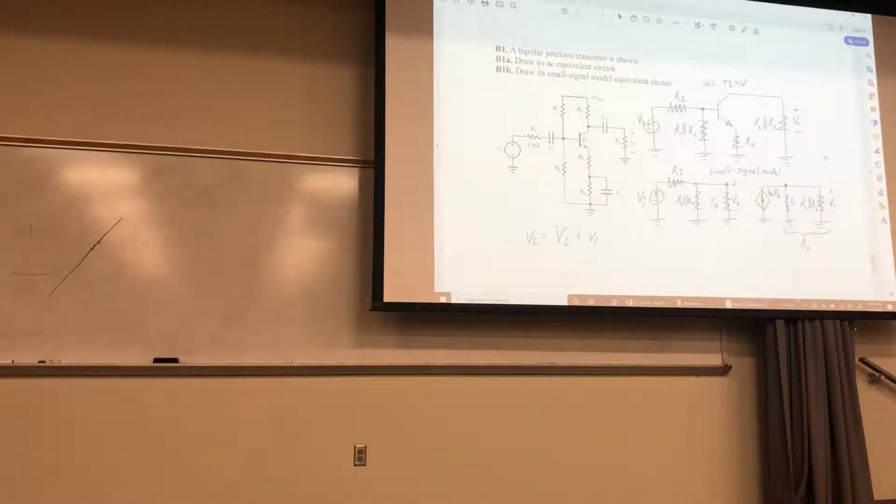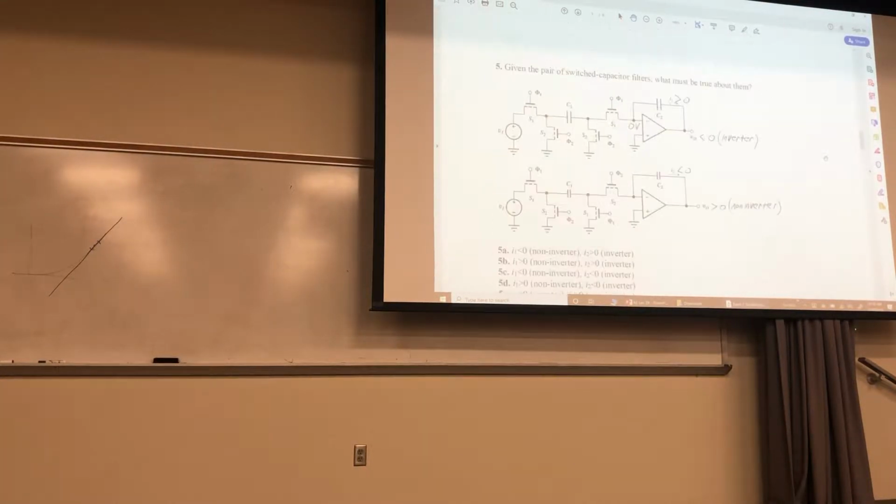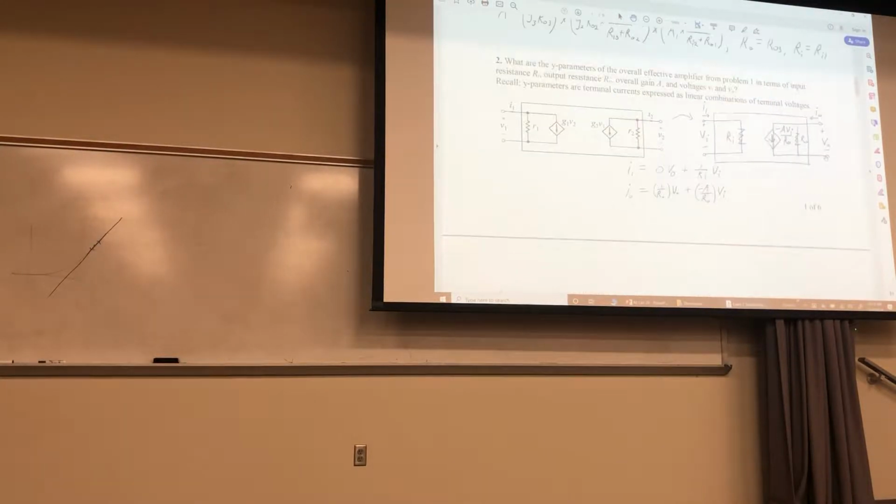A lot of the analysis, not just of transistors but of a lot of things in electronics, people try to linearize it. That's where these equations right here come from, like the Y parameters. This right here could represent a very complicated system with all kinds of elements in here. What you try to do is linearize it and say, regardless of what's in here, I'm going to treat it like a black box with some input resistance, some output resistance, and the relationship between input and output given by these voltage-controlled current sources.